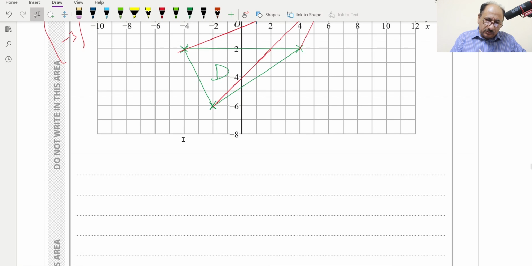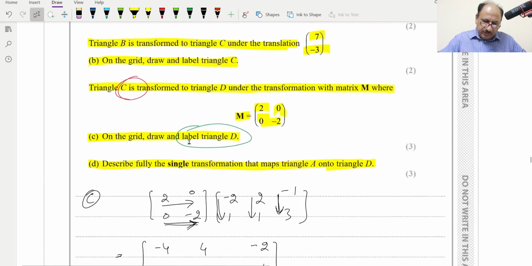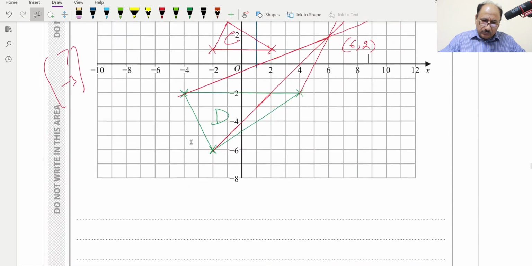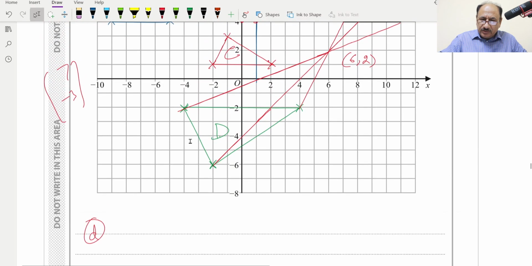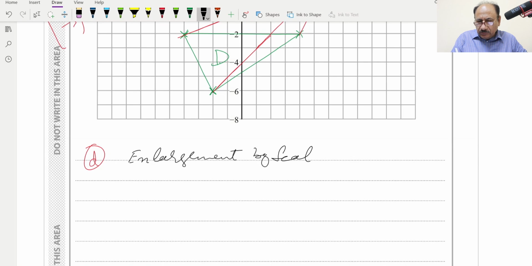D part is what? This is D part. So D, describe fully the single transformation that maps triangle A onto D. So answer for D part we can write here, it is basically enlargement by scale factor -2, because it is doubling.